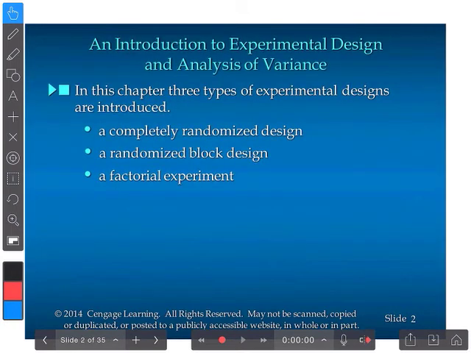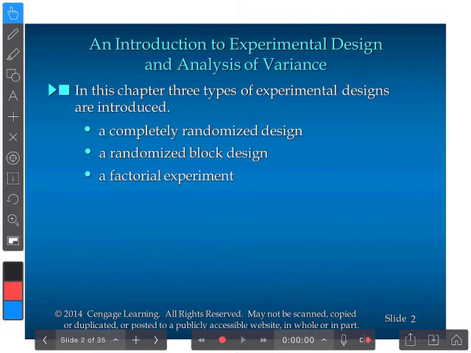So analysis of variance really is a particular technique in statistics that involves an experimental design. This is a case where we have multiple levels of a factor that we're interested in, and we want to see what effect that particular factor will have.